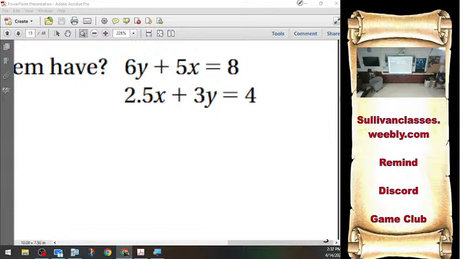Get this X by itself. That's probably going to be the easier one. Change this equation so that at the end it just says X equals stuff. And then once x equals stuff, now you can replace that.